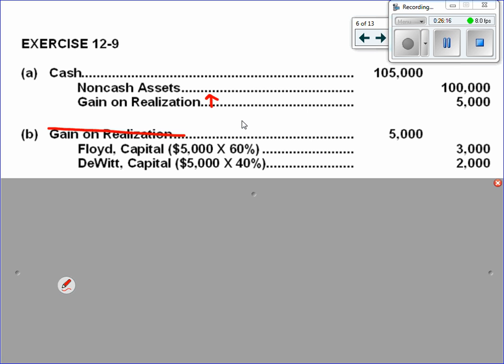So what you need to know is we recognize the gain and we turn around and zero it out right away and give it to the partners. Remember, lots of quick turnaround here. We're trying to get everything down to giving the partners cash so they can walk away into the sunset.